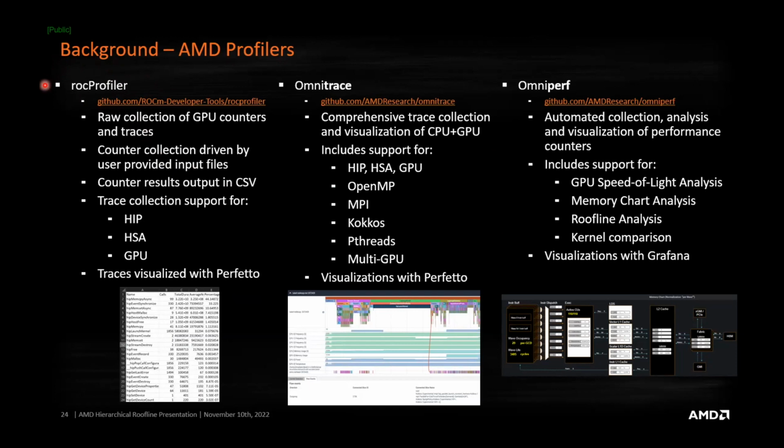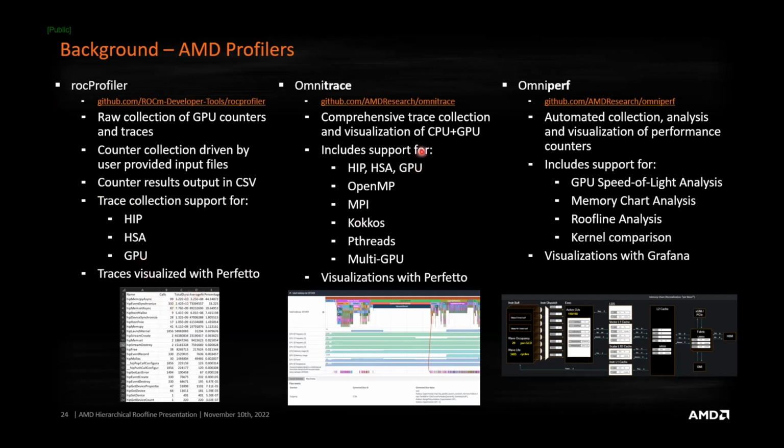And so when you're working with ROCprof, and I have an example, it requires a lot of effort from the developer to provide input files and to parse the output files. It's usually in a CSV. But ROCprof will also generate trace collection in addition to counters for the different levels on the GPU. And then you can visualize it with Perfetto.